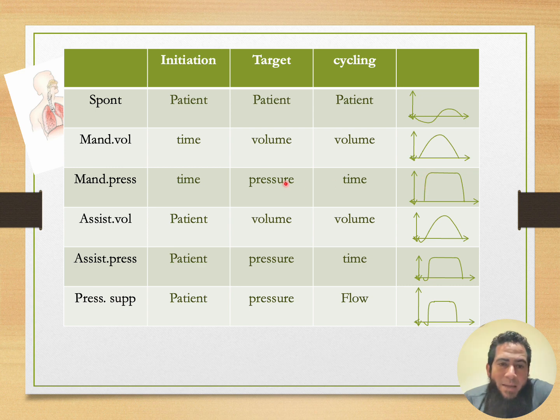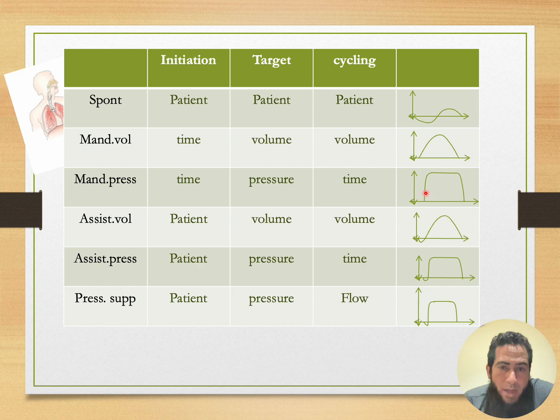But you can't make the cycling mechanism also pressure, because once you reach 20 centimeters of water and switch immediately to expiration, you don't have enough time to deliver a significant volume. So that's why the cycling mechanism of the mandatory breath which is pressure controlled is time.